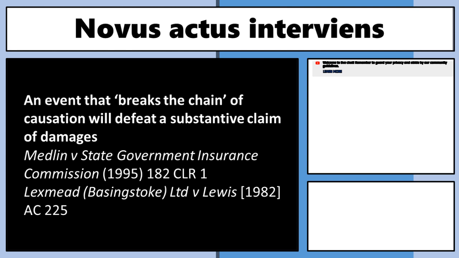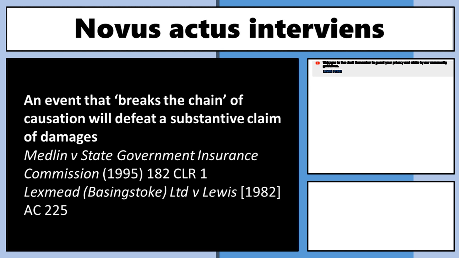And there, I'll talk about Lexmead, which is a UK case, but it illustrates the point quite well. In that, if there is some supervening event that comes in and interferes in some way substantially between the breach of contract and the loss being caused, this will break the chain of causation.